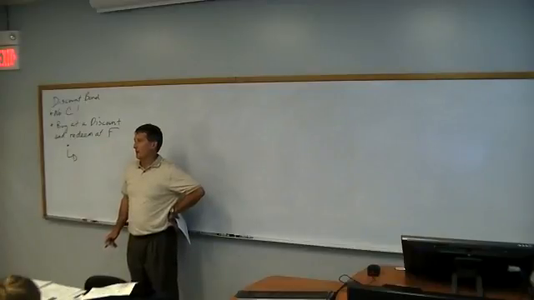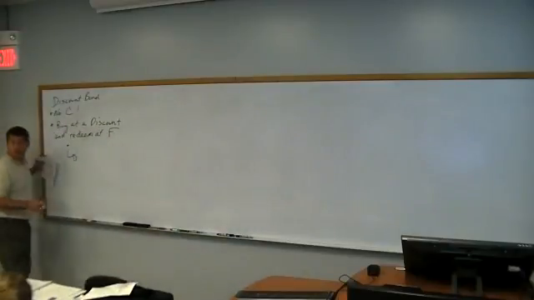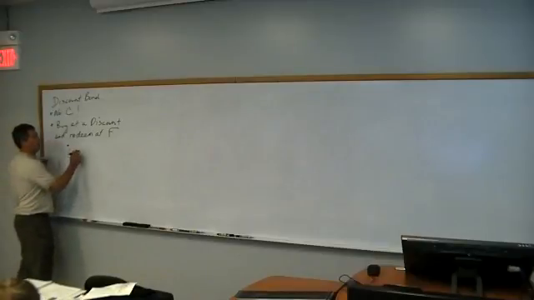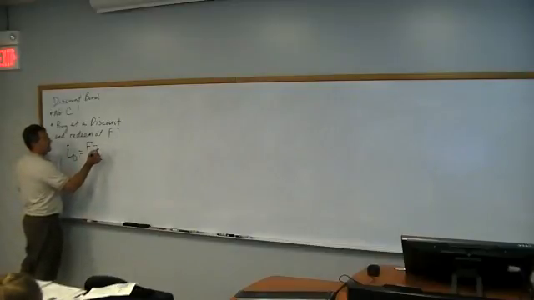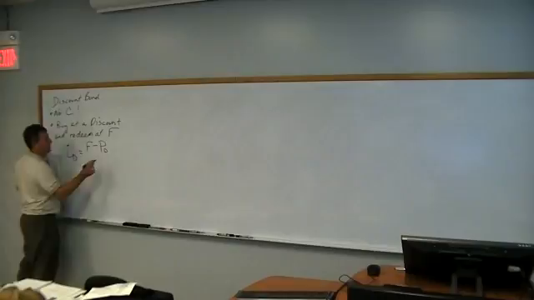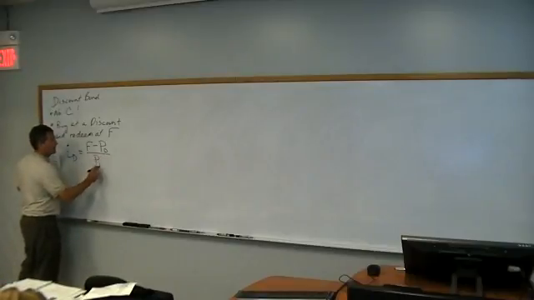Face value minus the discount price, the price of the bond, yeah. So if we take the face value minus the price of the discount bond, let's call it PD, over the price of the discount bond.